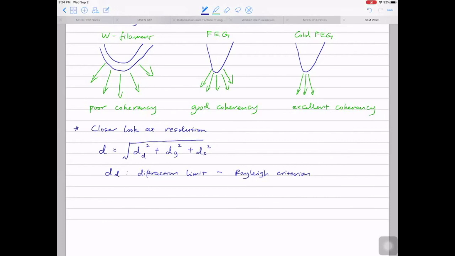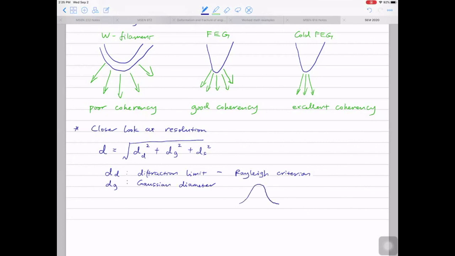Then we have the second term, it's called d_g. This is the Gaussian diameter. This is because whenever you focus the beam, if you look at the beam profile, it always has the Gaussian distribution. Let me just draw the cross section.